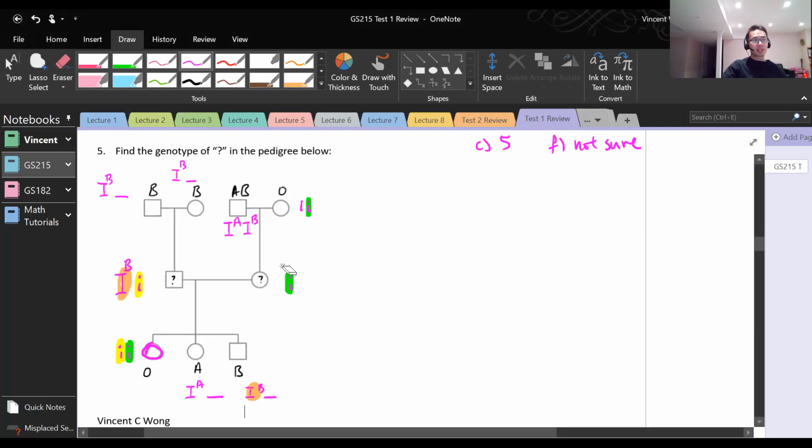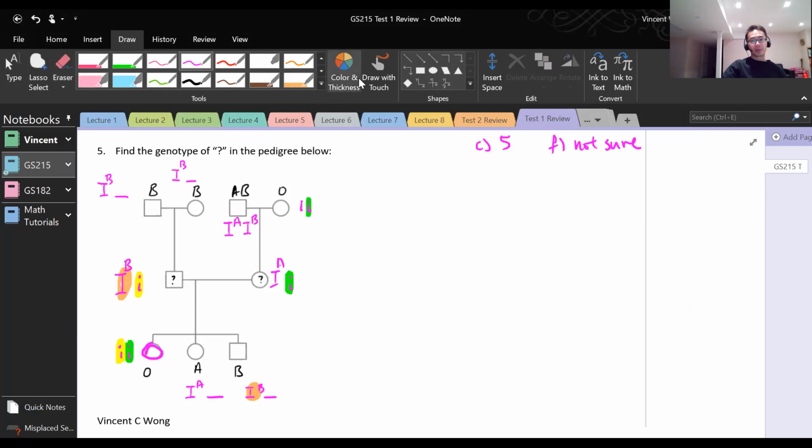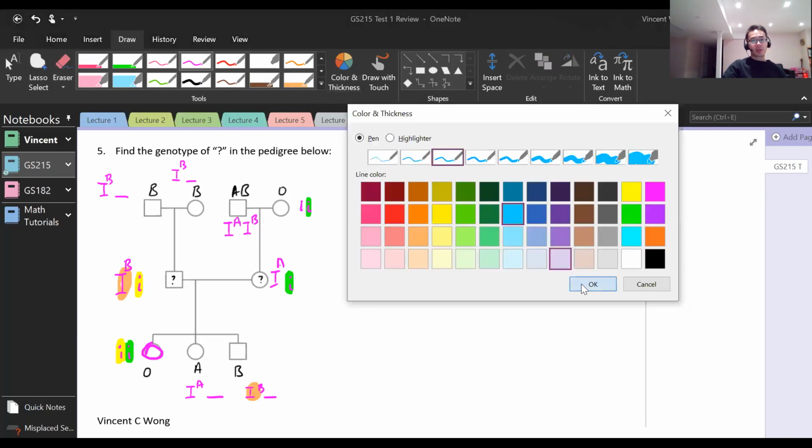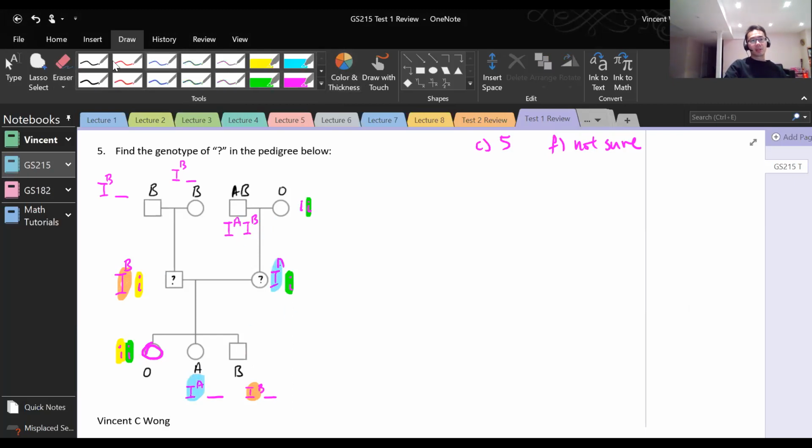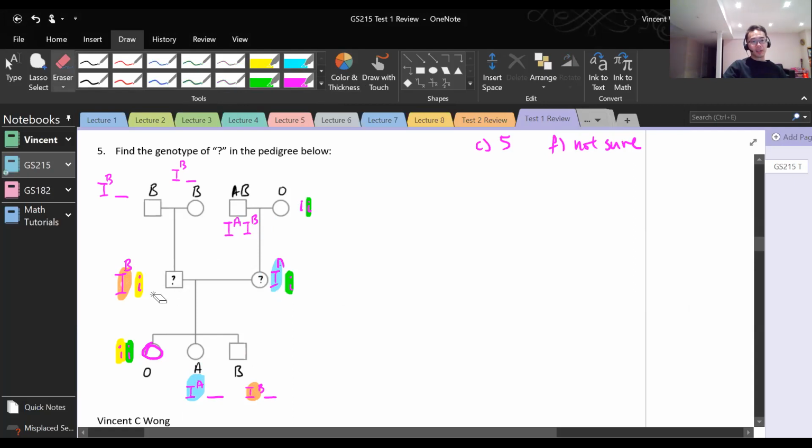Which then tells us over here, did the mother get the A from her father or the B? Well, it has to be the A, because otherwise you wouldn't be able to have a type A child. So based on that logic, the father has to be IB small i, and the mother has to be IA small i. Any question?